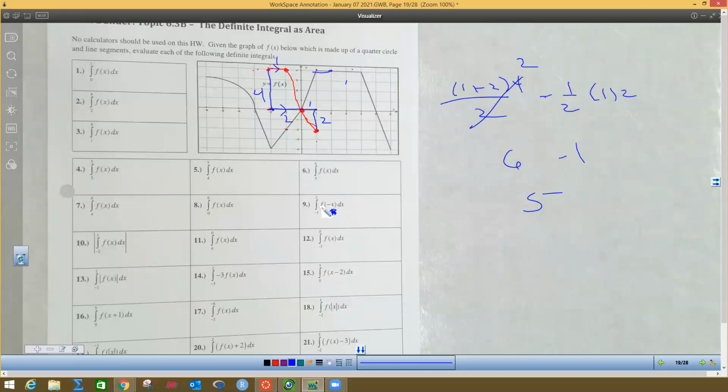All right, let me check this out again. So if I plug in -1, that is the same as f of 1. And f of 1 is 4. So when you plug in -1, you get out 4. Okay? So -1 gives me out 4.